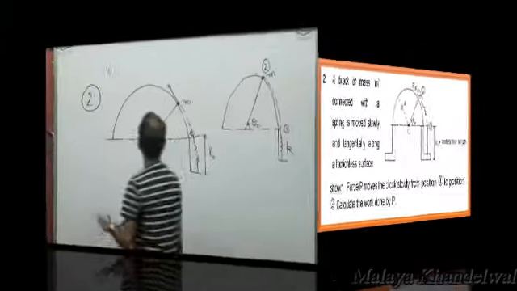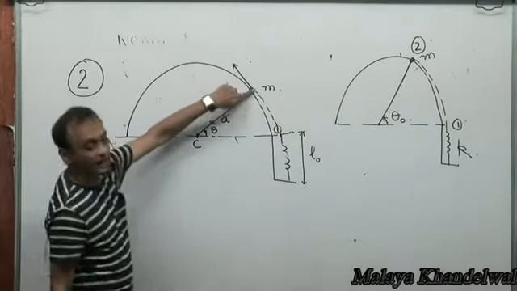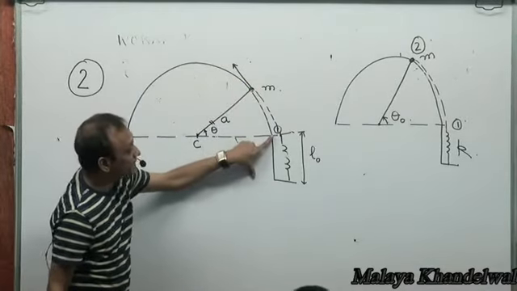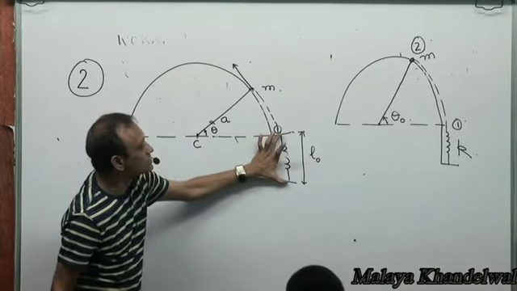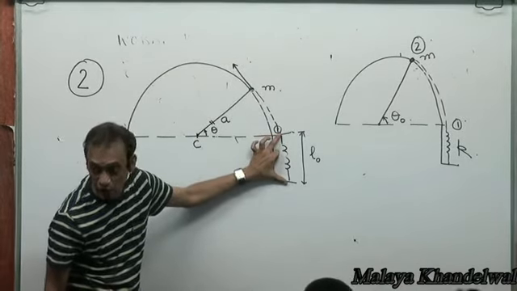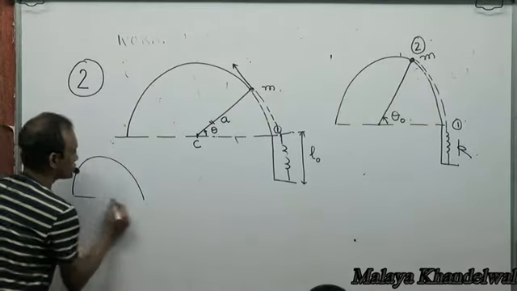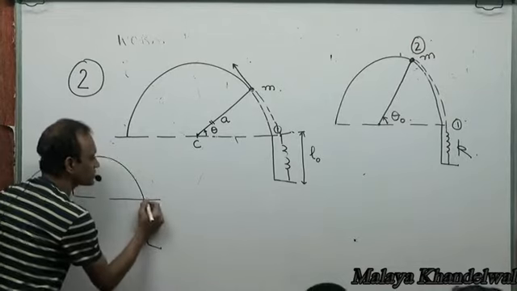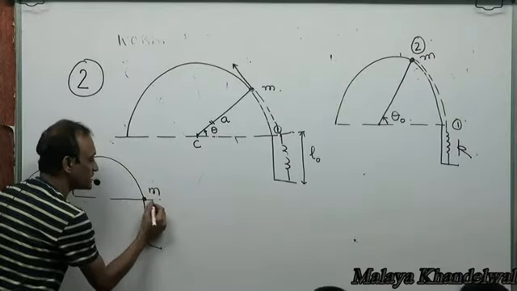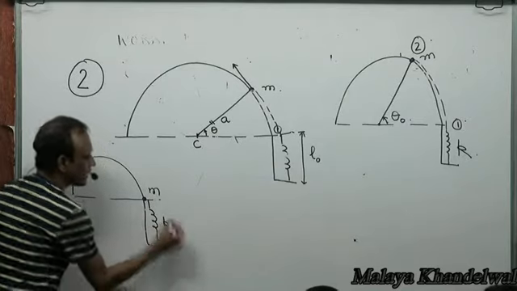Now, there is a mass m which is connected to a spring whose original natural, unstretched length is L0, right? Essentially, originally the mass was here in this state where the spring was unstretched.